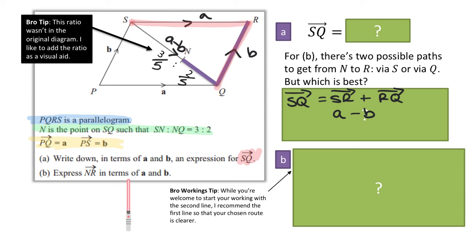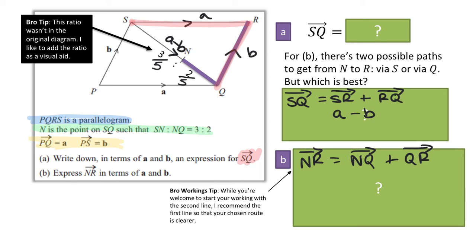Okay, then it says express NR in terms of A and B. Where is N and R? They've already highlighted this in purple. So NR, if we start at N, we could do NQ and then QR. This is one way we could do it. I'm writing this all out step by step so you can see it. I've gone NQ, and then I'm going to add on QR.